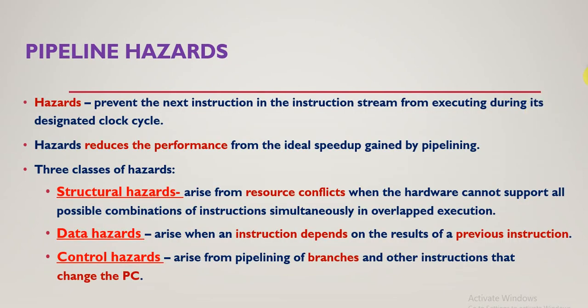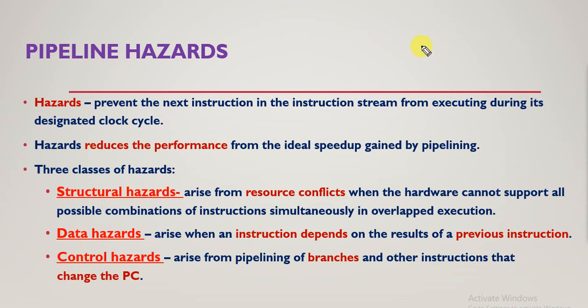Now next is pipeline hazards, the different problems or threats that may happen during the execution of the entire pipeline procedure. There are some problems and they have to be handled. In this session we will see what hazards are and how they can be evaluated, and the specific hazards will be discussed in the next video.